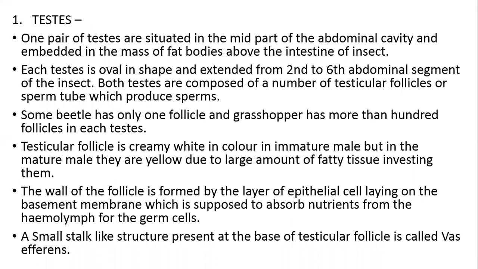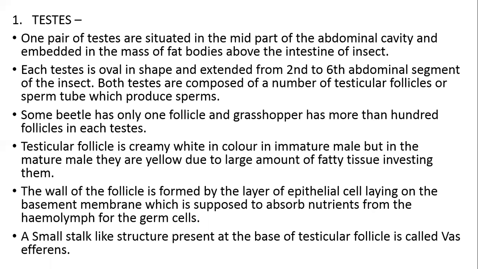Testes. A paired structure lies in the abdomen, or is situated in the mid part of the abdominal cavity and embedded in the mass of fat bodies above the intestine of the insect.